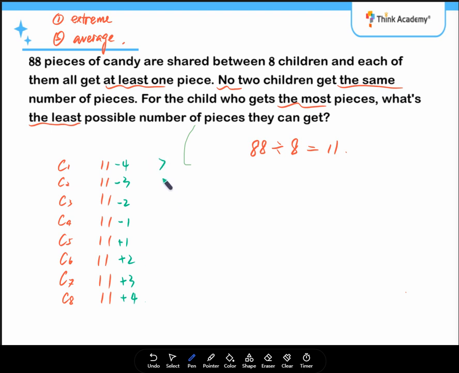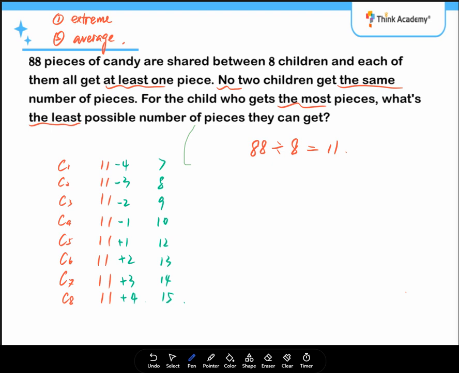It becomes 7, 8, 9, 10, 12, 13, 14, and 15. Right? So in this way, you can see they are as close to each other as possible, but not the same.